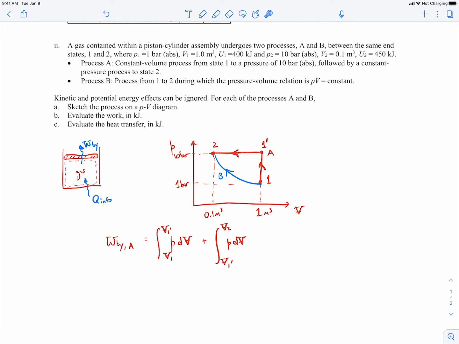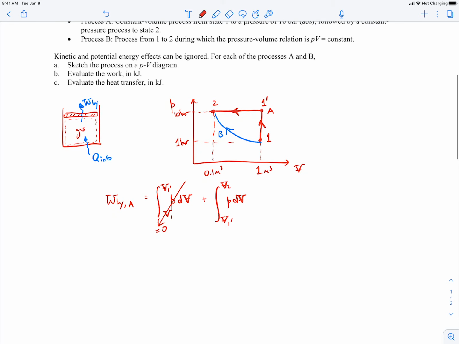Now the first integral here is actually pretty easy, because if you look at V1 and V1 prime, they're the same volume, right? It's a constant volume process, so this integral just becomes 0. If the volume doesn't change, then there is no PDV work. Now, in going from point 1 prime to 2, that's a constant pressure process, so I can pull that pressure outside the integral.